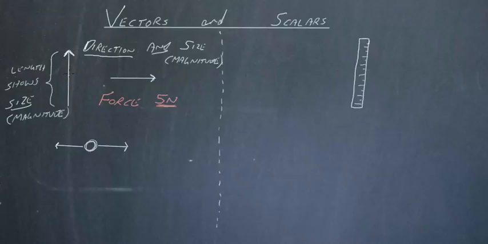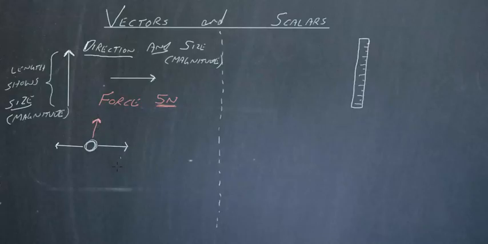So the force could be acting upwards, as shown in this arrow here, or it could be acting horizontally, as shown in this arrow here. And we can show multiple forces acting on one object simply by pinning different vector arrows to that object.